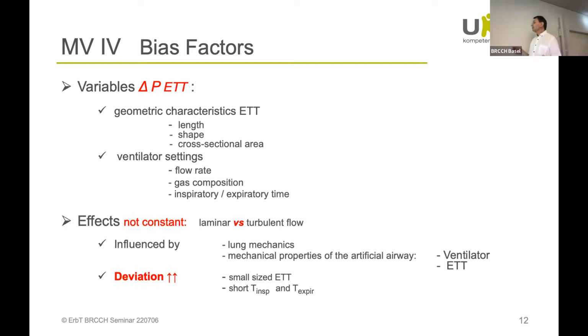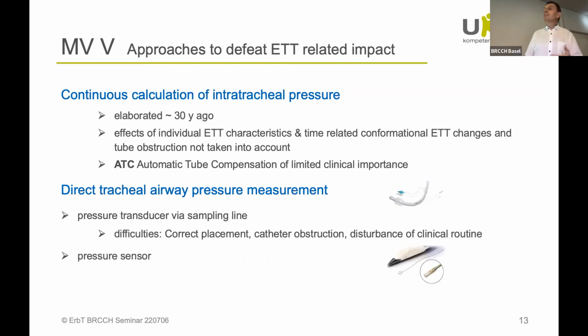And the deviation that you may expect is increased when using small-sized tubes and high respiratory rates, as is the case in pediatric patients. Now, there have been various approaches to defeat this endotracheal tube-related impact. Almost 30 years ago, the group from Gutmann from Freiburg, Germany, elaborated ways how they could estimate continuously the pressure in the trachea.